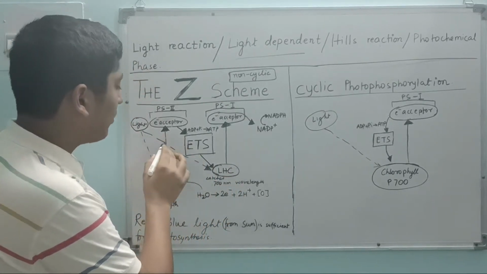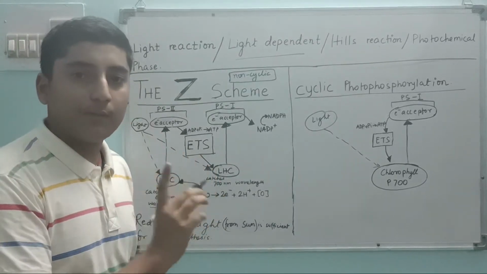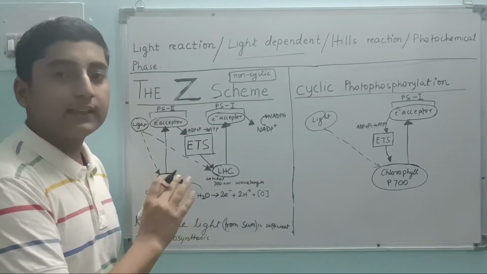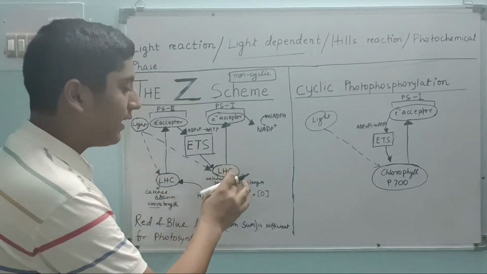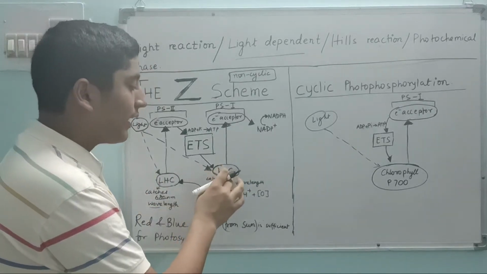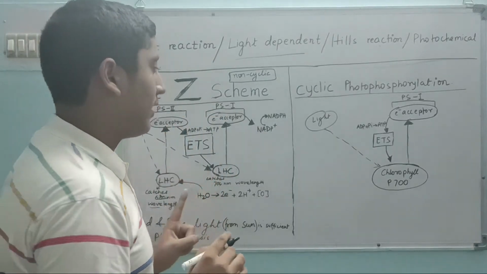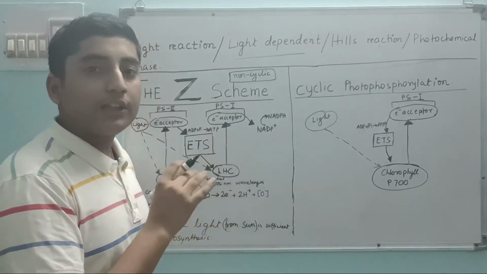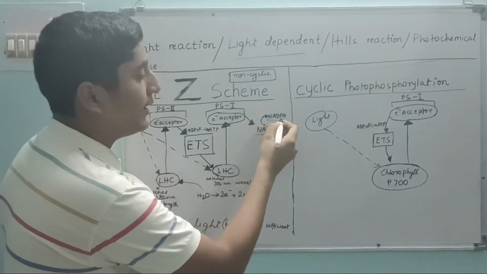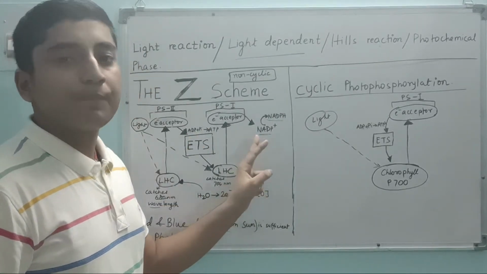Light of different wavelengths also goes to photosystem 1, but photosystem 2 catches 680 nanometer wavelength, and here it catches 700 nanometer wavelength. The electron again goes upward to the electron acceptor of photosystem 1, and here the energy-rich NADP+ gets reduced to NADPH. So here ATP is formed and NADPH gets formed.